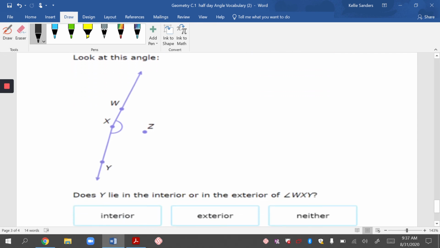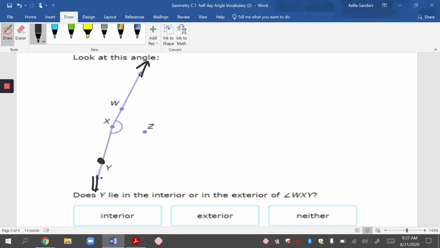Look at this angle. Does Y lie on the interior or the exterior of angle WXY? If we extended these arrows all the way this way, where would Y be?